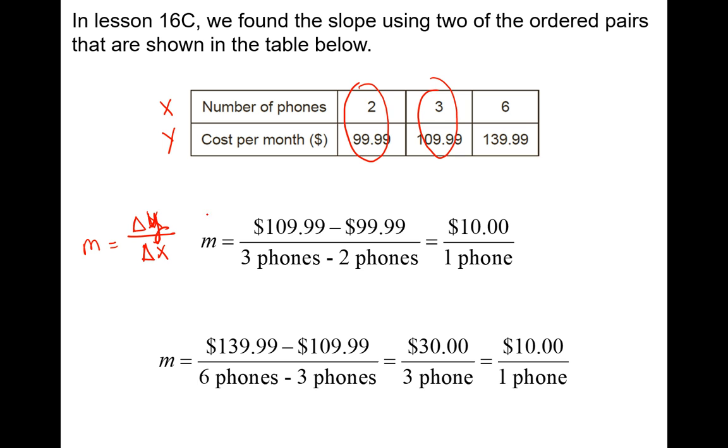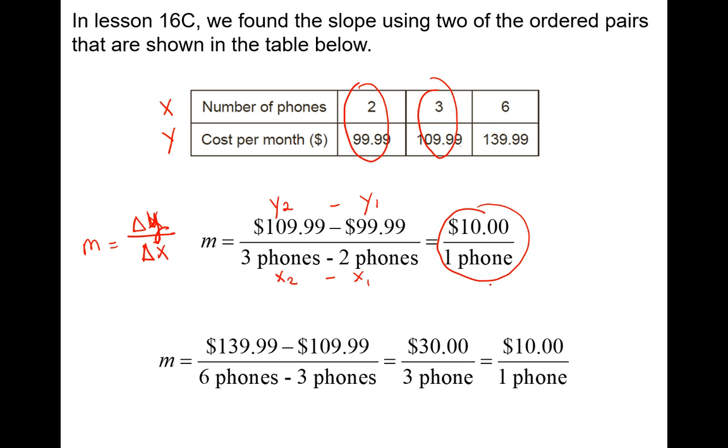So our y value changed from 99.99 to 109.99. We always do y2 minus y1, and then over the change in x. And x changed from 2 to 3. So that's x2 minus x1. And we got this $10 per one phone.